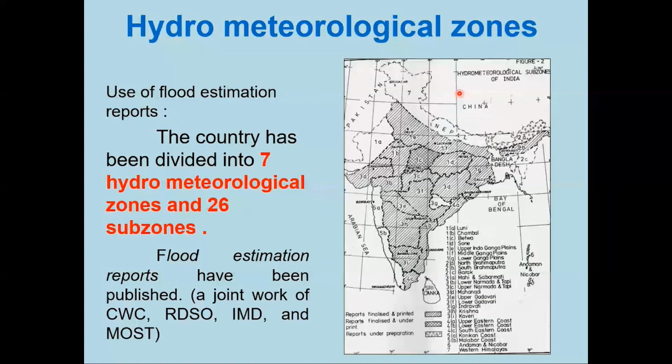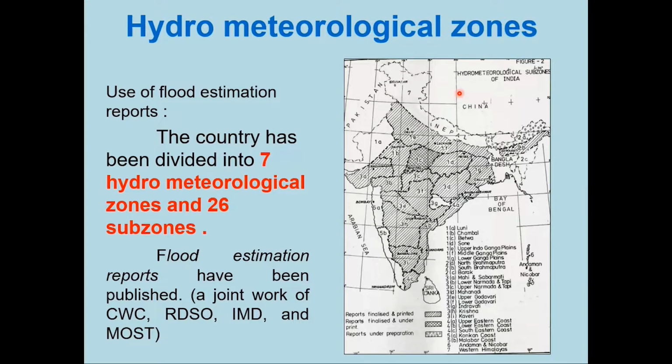Now coming to the subject again, the entire country has been divided into 7 hydrometeorological zones, and those 7 zones have been covered in 26 subzones.